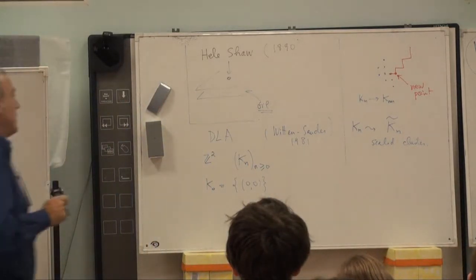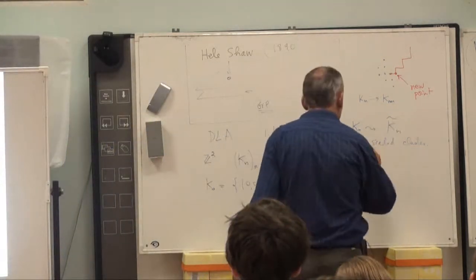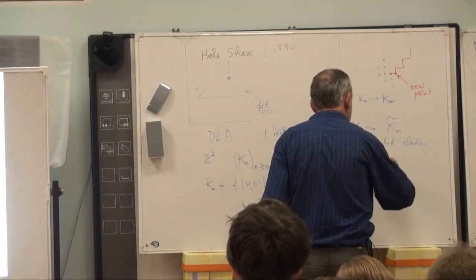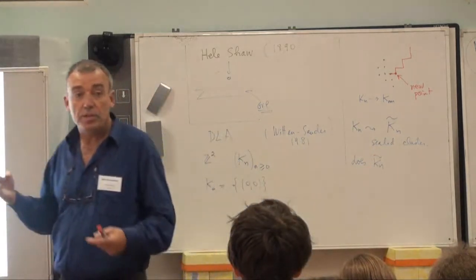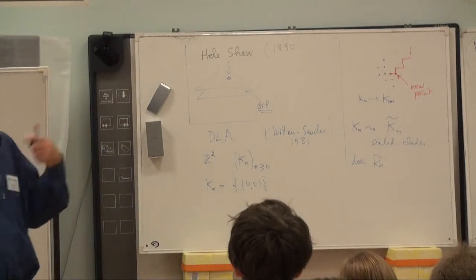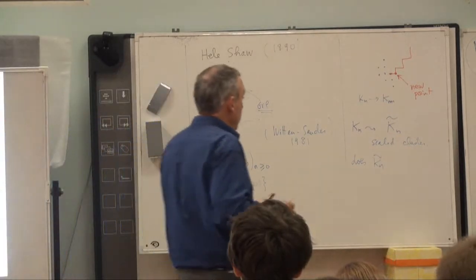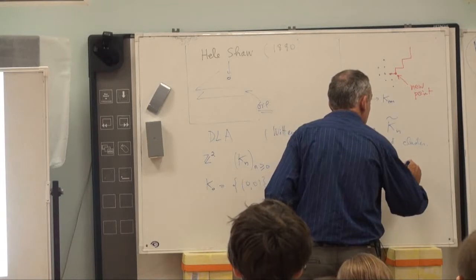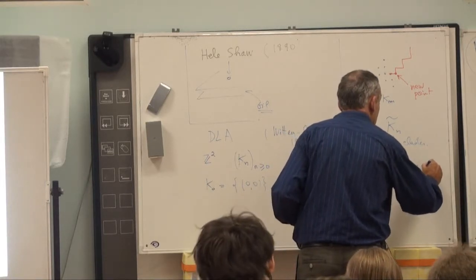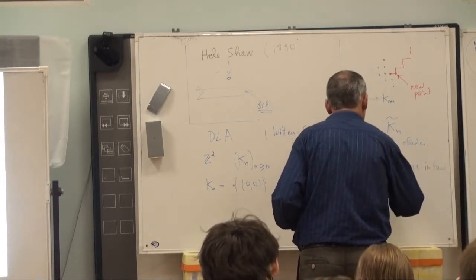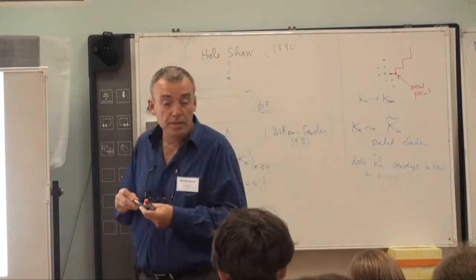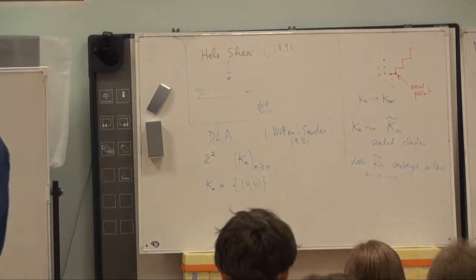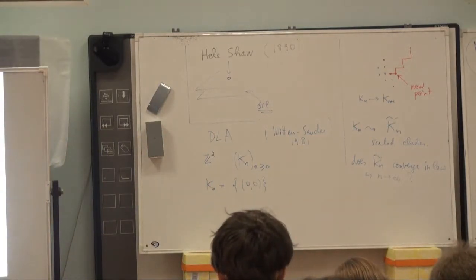So does Kn twiddle converge in law? This is a random set, so it has a certain law, and does this law converge as n goes to infinity? So this is the main question, I would say, and we have absolutely no idea. Okay, so this is completely unknown.